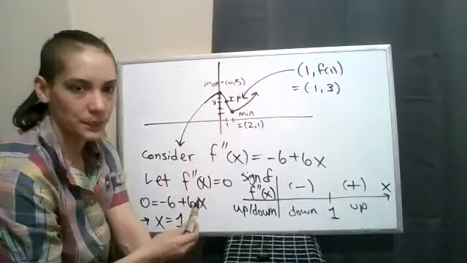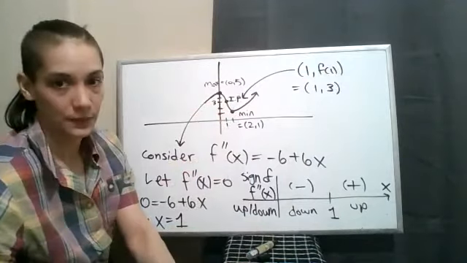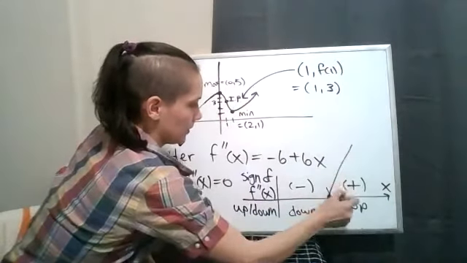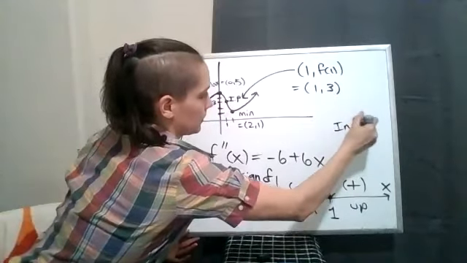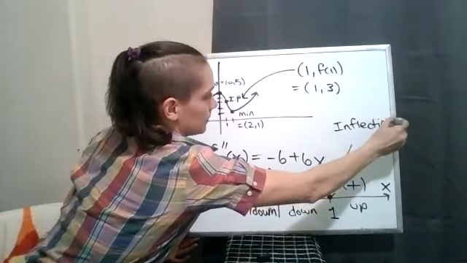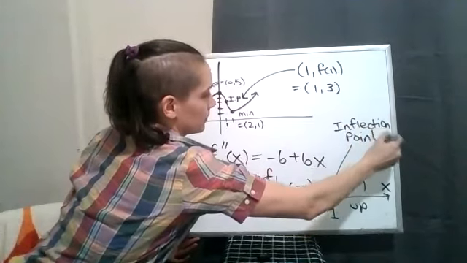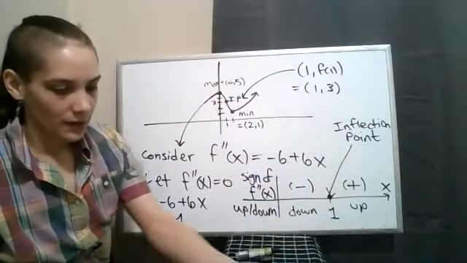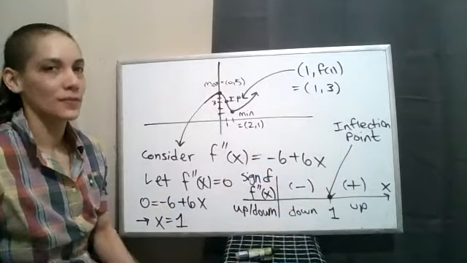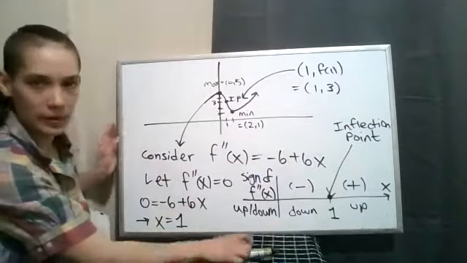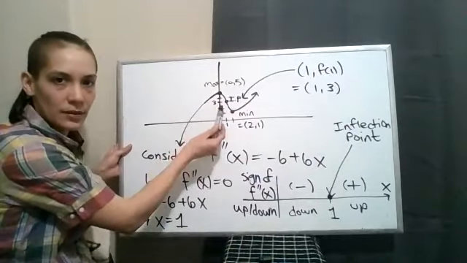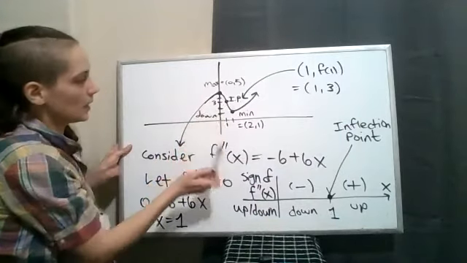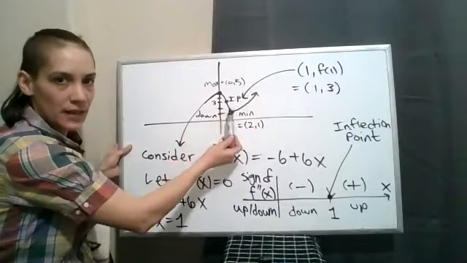Okay, so I wrote that this is an inflection point. So we've got a good picture. Again, before we erase everything, this was concave down till x equals 1, and we switch to concave up past x equals 1.